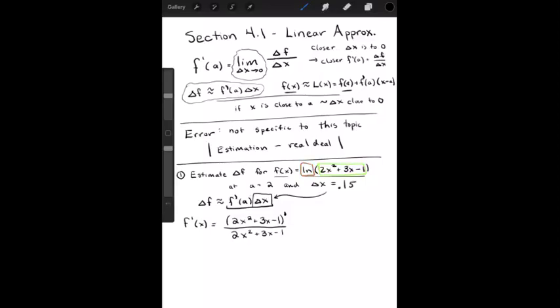Because if we remember, the derivative of natural log is 1 over x. So the derivative of the outside, that natural log with the inside plugged in, gets us this piece. And then multiplied by the derivative of the inside is what gets us this piece.